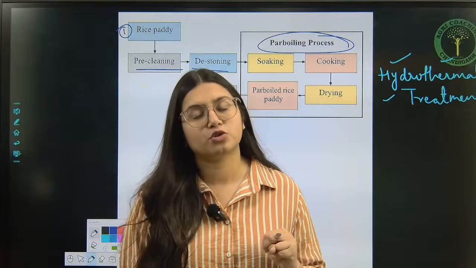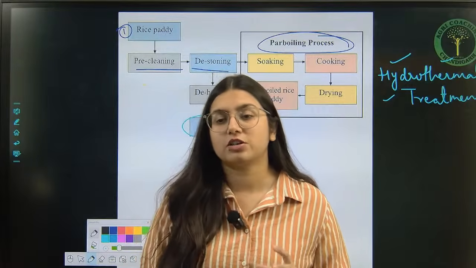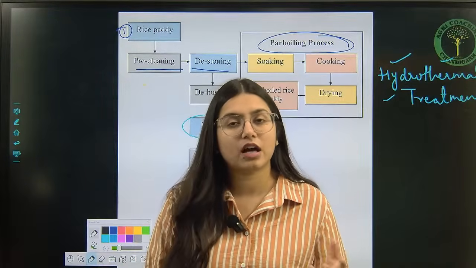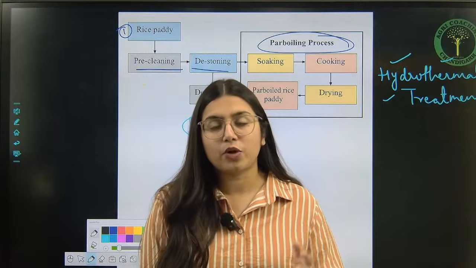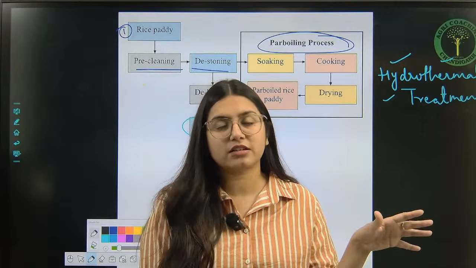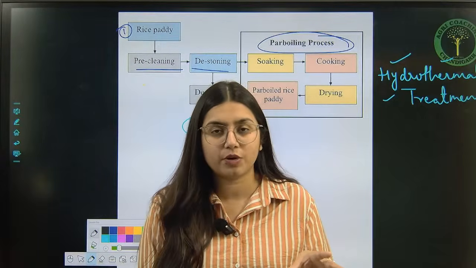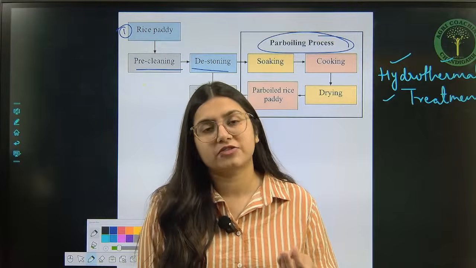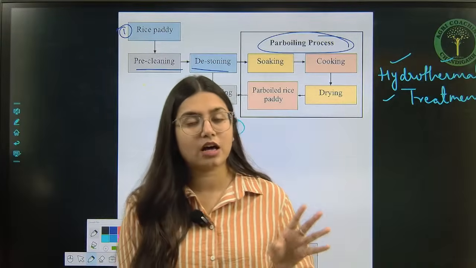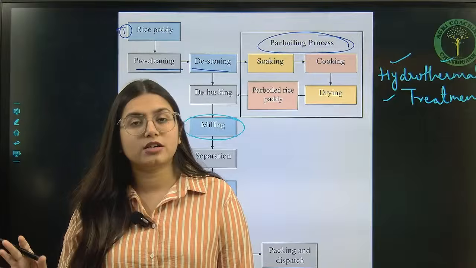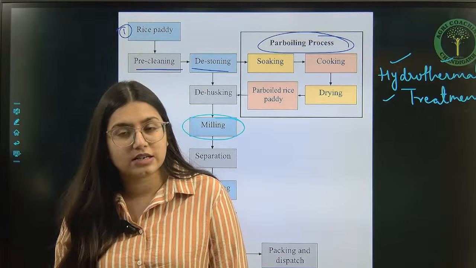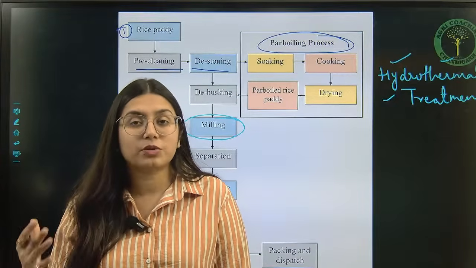Second is the conservation of nutrients. See, the majority of the nutrients are present in the husk or the bran layers. When we directly send the grains for milling without parboiling, what will happen? Definitely the minerals present in the husk and bran layers will be removed. Since the layers will be removed, the minerals will be removed too.